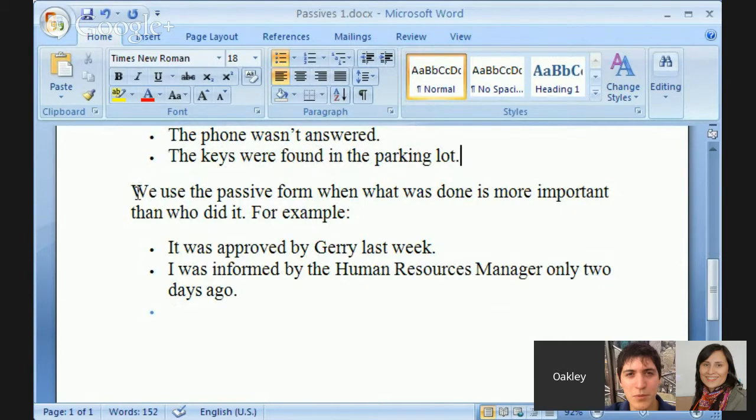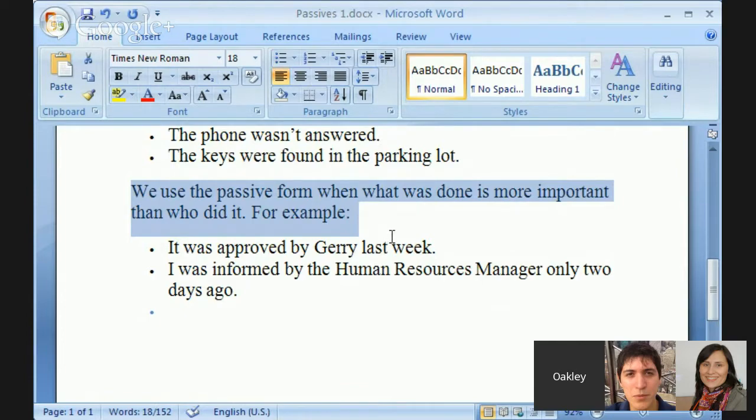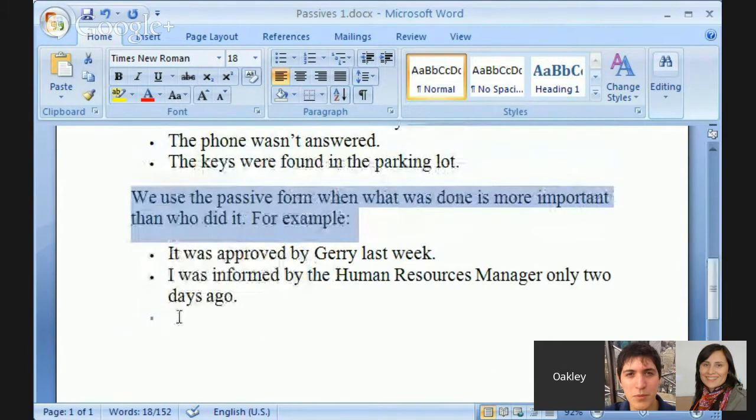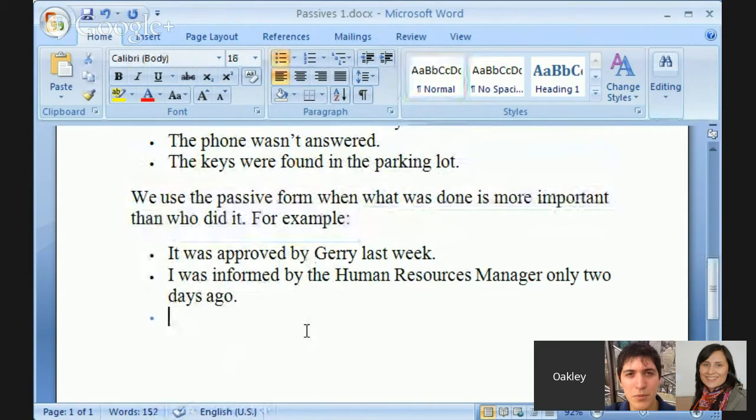Usually everybody can. Okay, guys, let's try this next kind of usage of the passive, when what is done is more important than who did it, and maybe adding a phrase with a by somebody. Mariano, you want to give it a try?